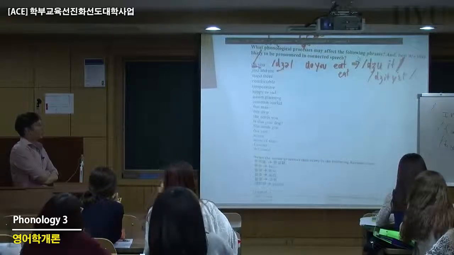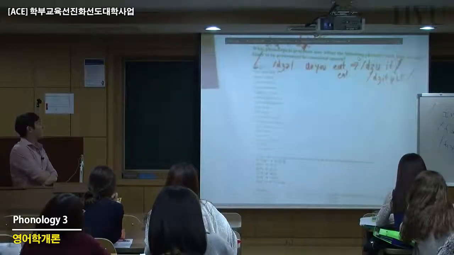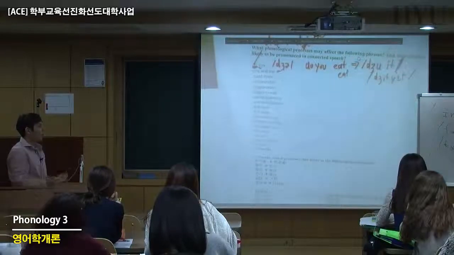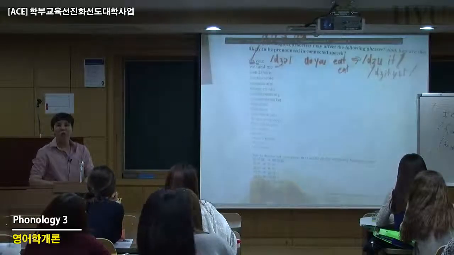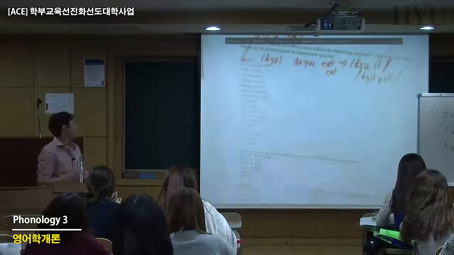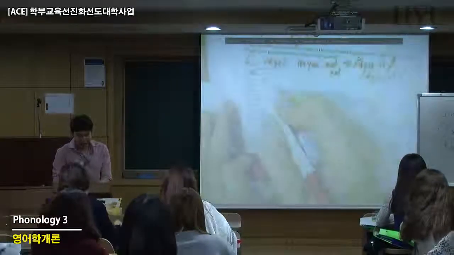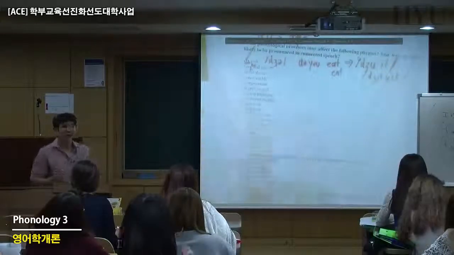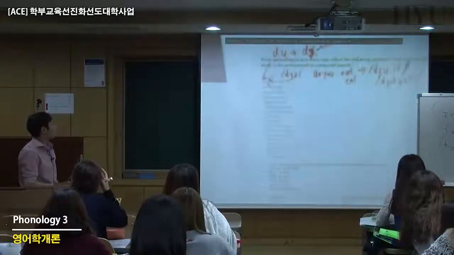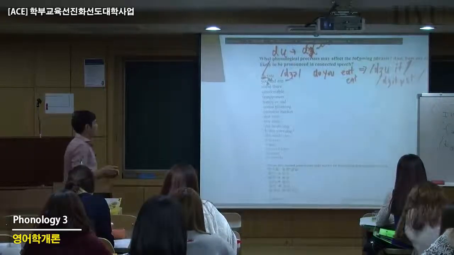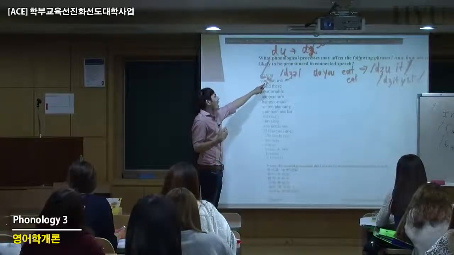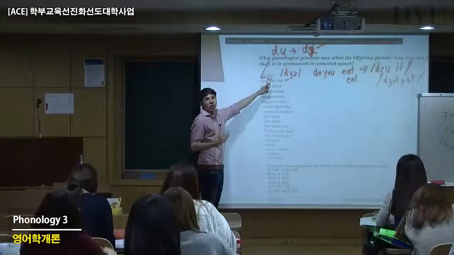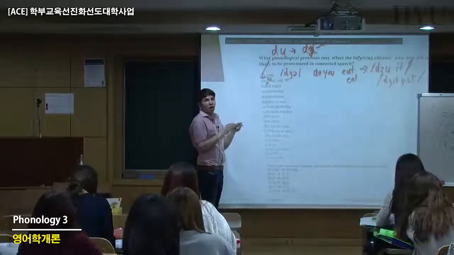Number 2, you and me. How would we pronounce that in real pronunciation? You and me, right? So you stick in the W here. Because you have the U, which is a back vowel, and you have another vowel sound, so you stick in a consonant.